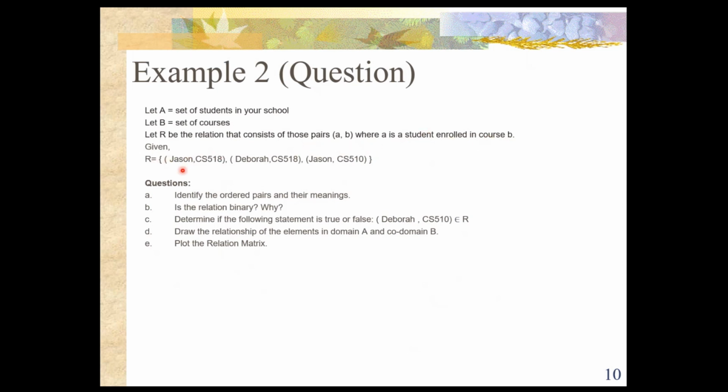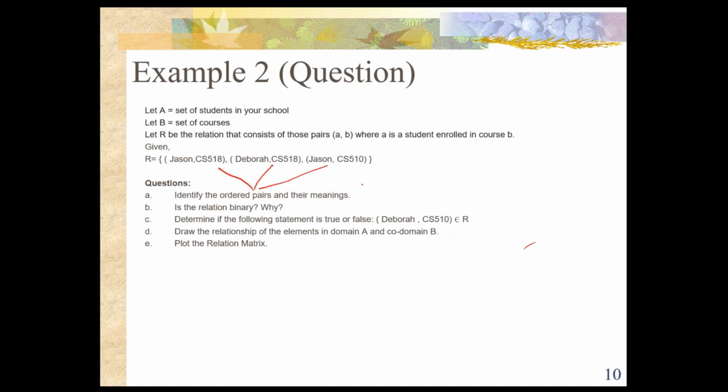So given the relation, there are some instances or values of the ordered pairs. Jason enrolled in course CS518. Deborah enrolls in course CS518. Jason enrolls in course CS510. So this actually answers the first question A: identify the ordered pairs and write their meaning.